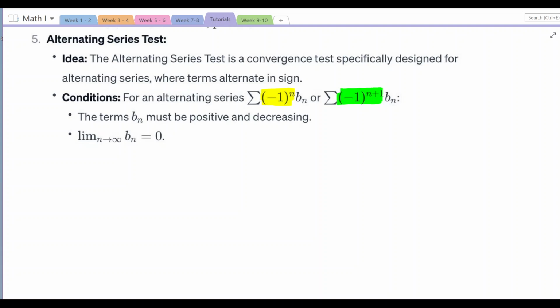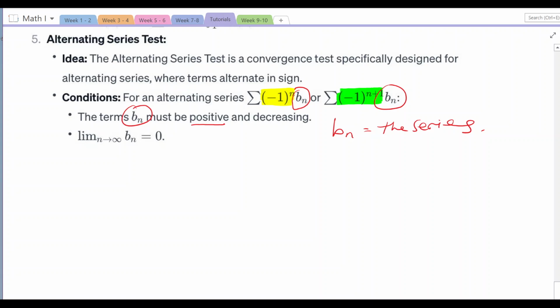Let me just highlight it in red. That's our series Bn. B sub n is the series. For an alternating series to be convergent, these terms Bn must be positive, of course, after you remove all the alternating sign.